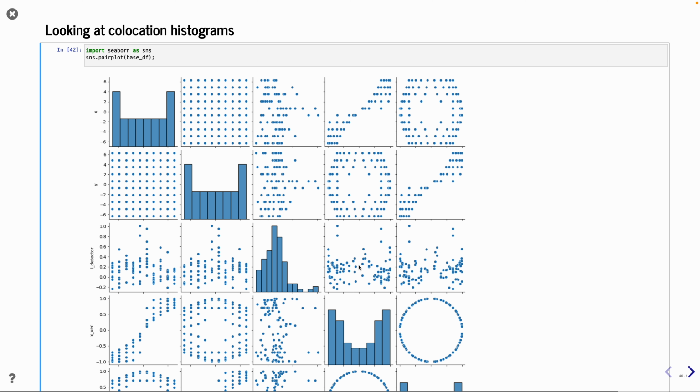Doesn't tell very much, but you can see down here that the x and y vector actually describe a circle. So this is what this plot tells. In some cases, when you have complicated data, it can give you a pretty good idea which variables actually are connected and what they can give you.